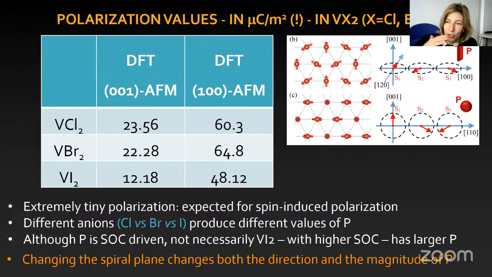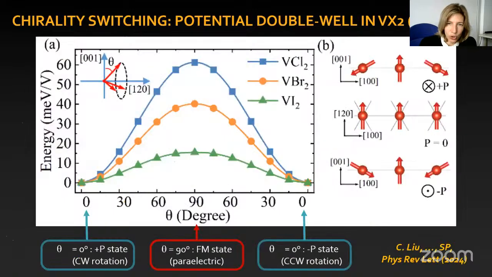Again, this was also known in the oxides: if you change the plane in which the spins rotate, in plane or out of plane, you can change the direction of polarization, which also happens here. Before claiming that these are ferroelectric, one needs to calculate the double well profile.